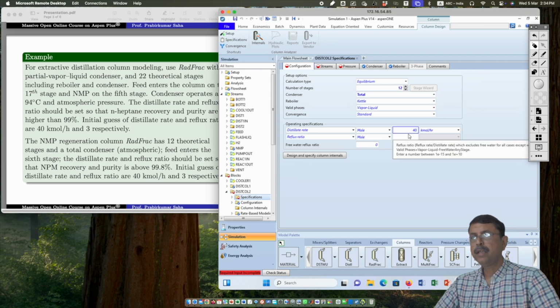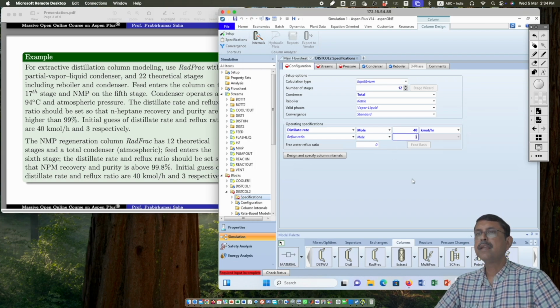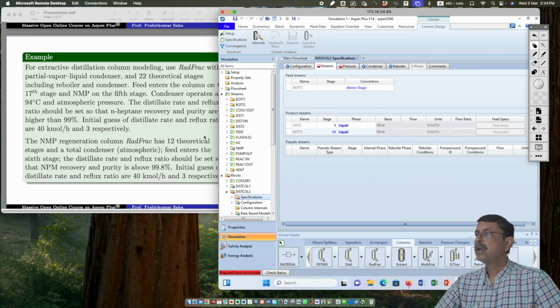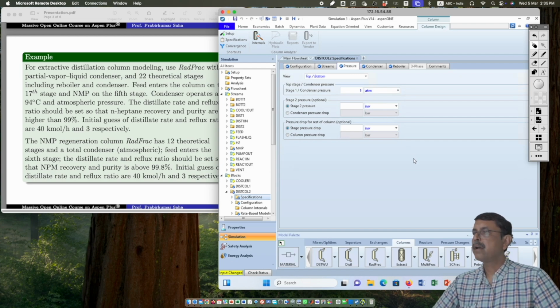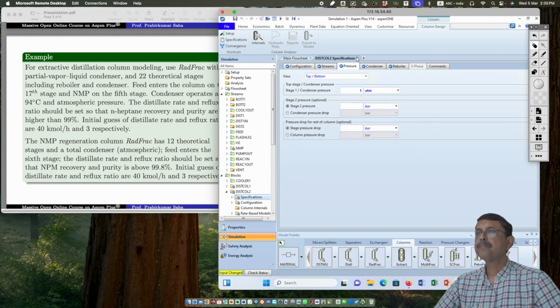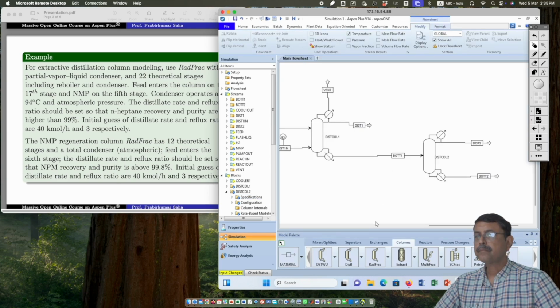So we give 40 and 3 over here. The feed enters at stage 6, so we'll write 6 over here on stage. The condenser pressure is atmospheric, so we'll write 1 atmosphere. That makes our work simpler. Again we can run it.